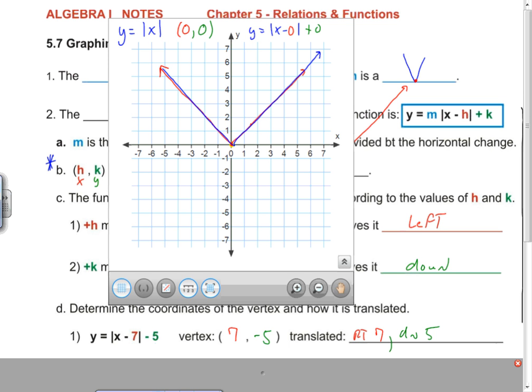So what did we just do? We went 7 to the right, and we went 5 down. There's the graph of the one we just did.